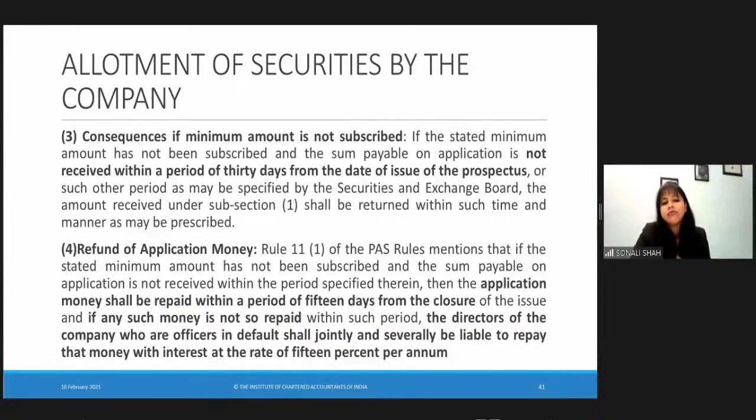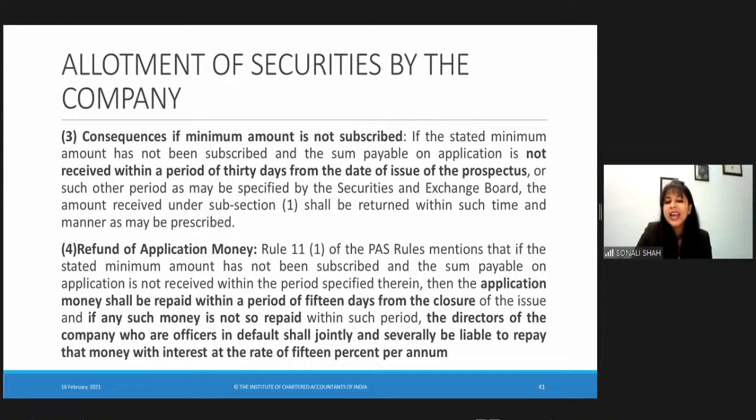Now, what if the minimum amount that has been provided for is not subscribed? So let's say your minimum amount says that 98% of the capital has to be subscribed and you do not receive the application for that amount. In that case, whatever amount has been received on the application has to be returned to the people.